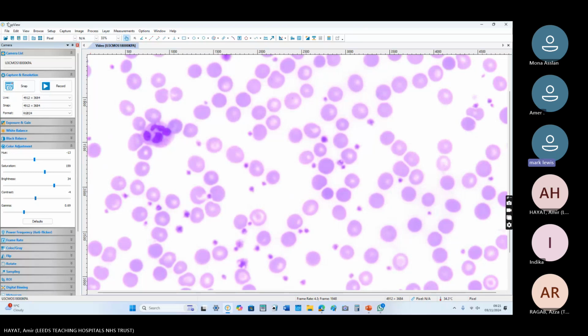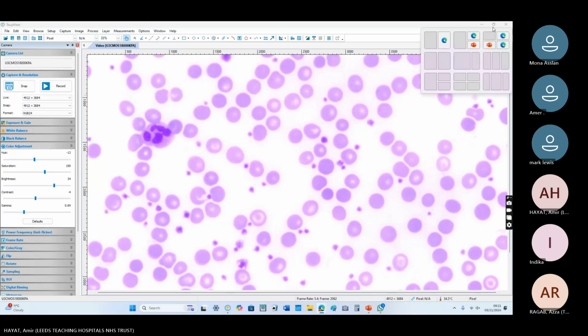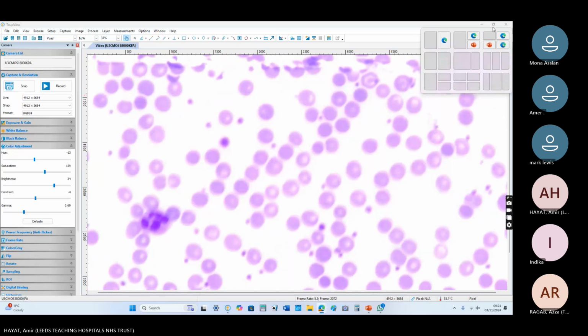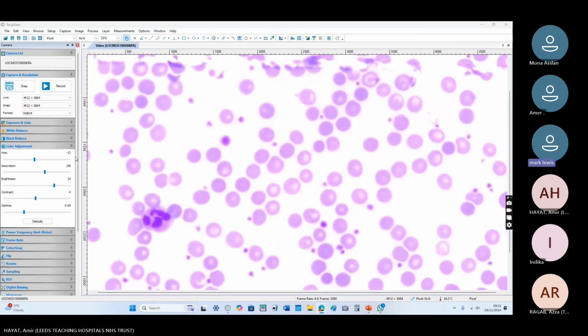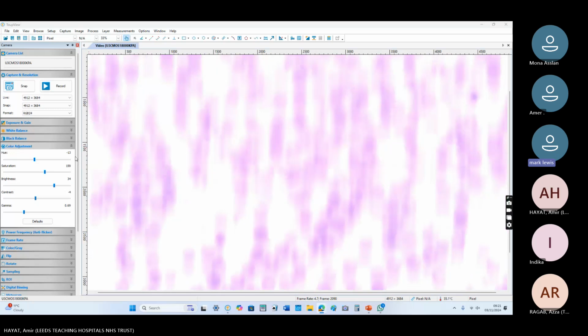But I am not seeing enough, really, looking around. Because hyposplenism is also one of the causes of thrombocytosis. Not too sure if it was hyposplenism or not.